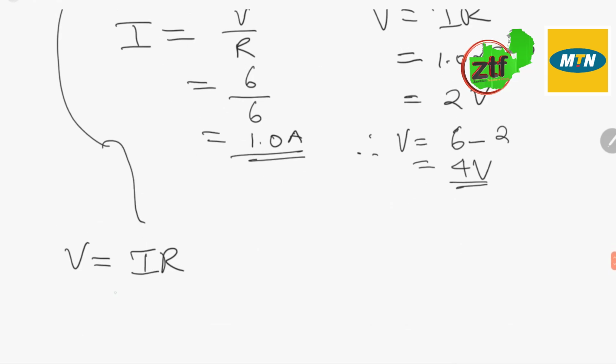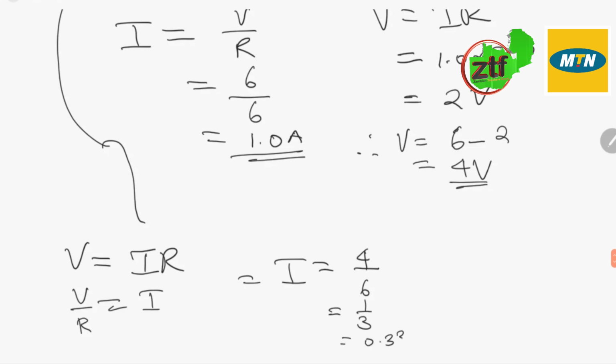So now we can say V over R should be equal to current, so that current becomes 4 divided by 6. This will give us 1/3, which is 0.33 amps. That is the current flowing through 6 ohm. A is the correct answer. We move on to question 30.